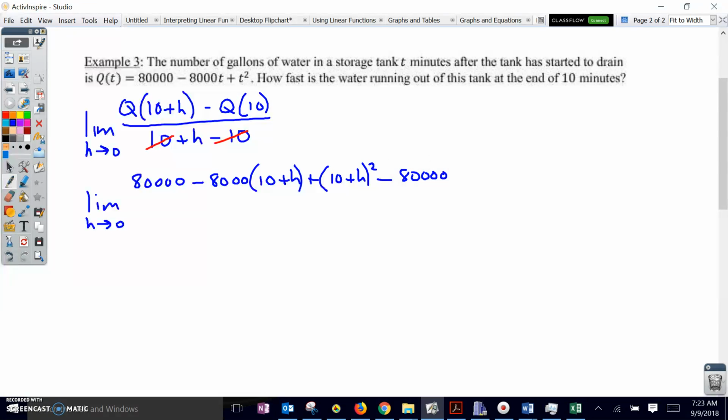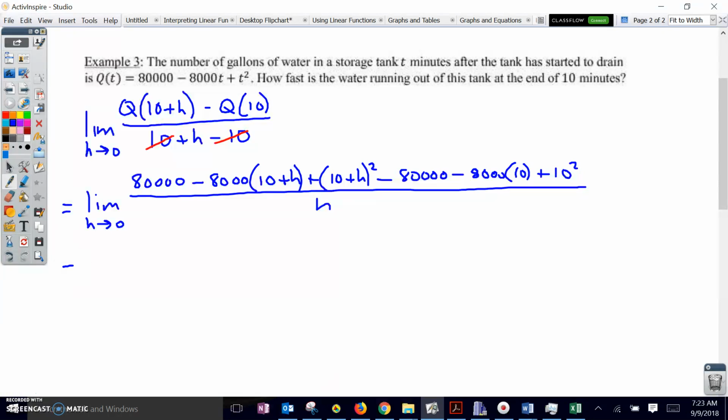80,000 minus 8,000 times 10 plus 10 squared, all that over h. And I want to simplify. I also want to put this in parentheses. And so let's see, I've got 80,000 minus 80,000.